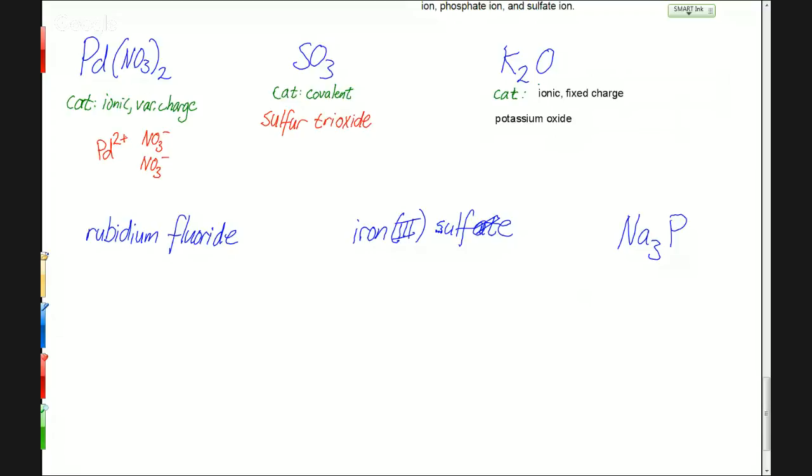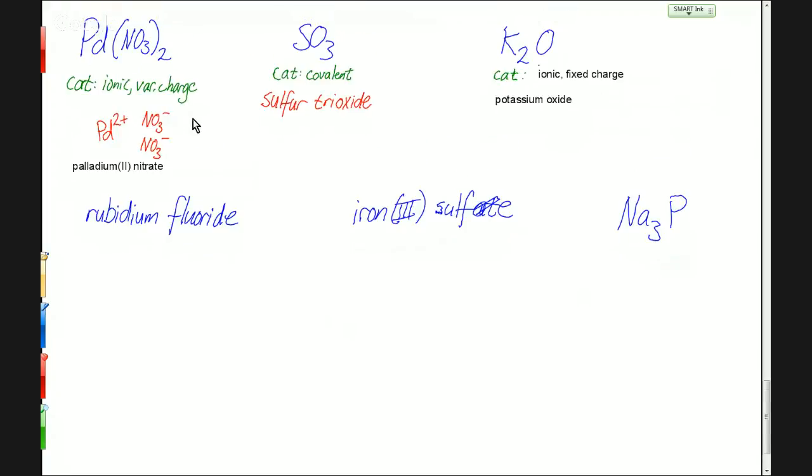Now we've got all that set up, we can write our name, which is going to be palladium(II), for the +2 charge, nitrate. Some of the things I saw were people getting that this is palladium and this is nitrate, but leaving off the 2. And that's why it's so important to categorize it first, to notice that it's in the variable charge group, and therefore it needs that 2.